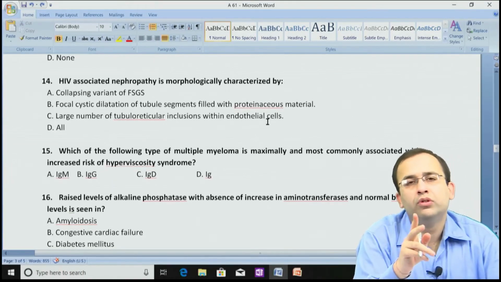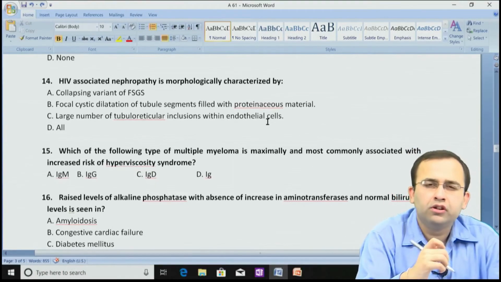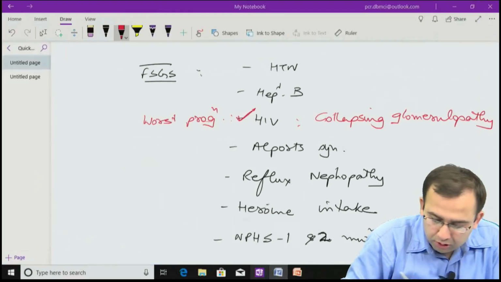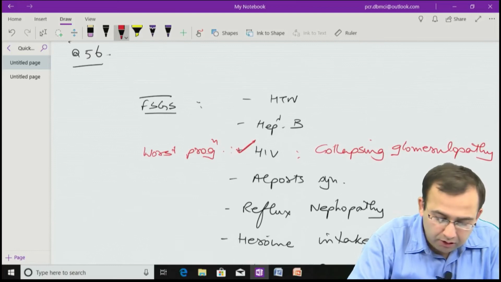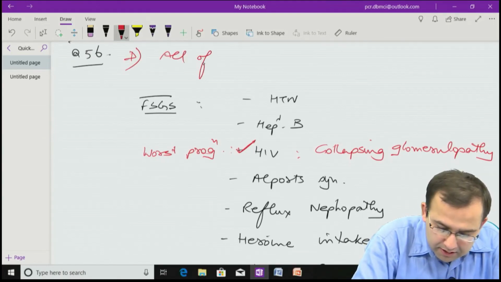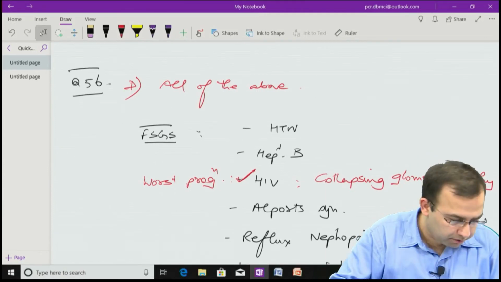The only confusion in the options was between 1 or 4; second and third look okay. Even if you were not aware of that microscopically, they look okay. This is what you will always have to hit out even in the answers in the NEET exam. So the answer is D, that is all of the above.